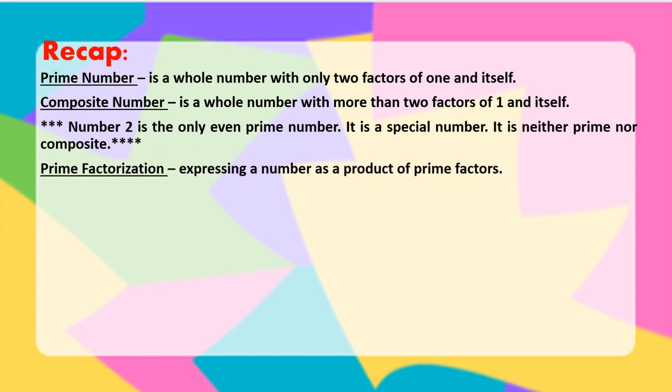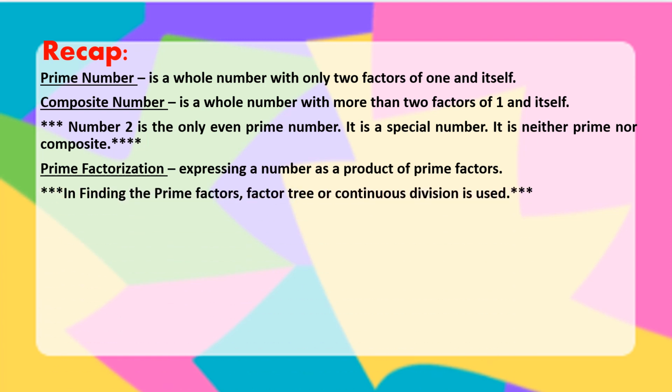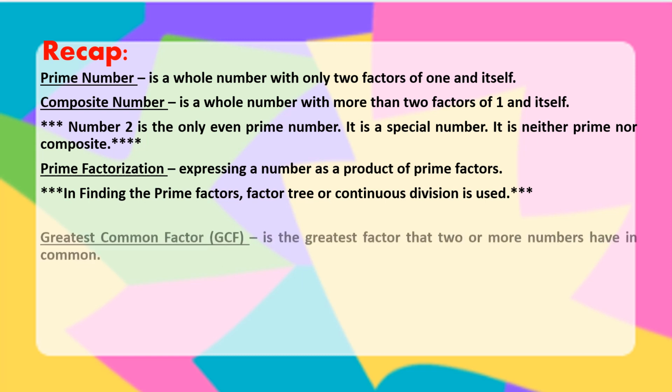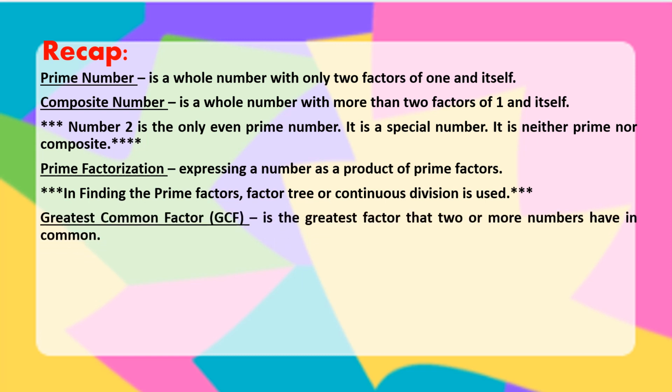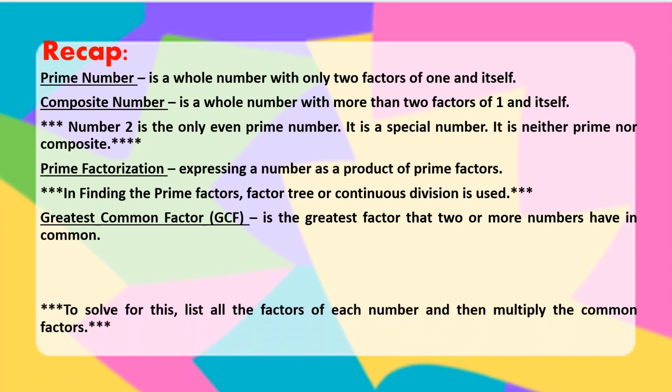Prime factorization is expressing a number as a product of prime factors. In finding the prime factors, we can use the factor tree or the continuous division. Greatest common factor is also known as the GCF. It is the greatest factor that two or more numbers have in common.